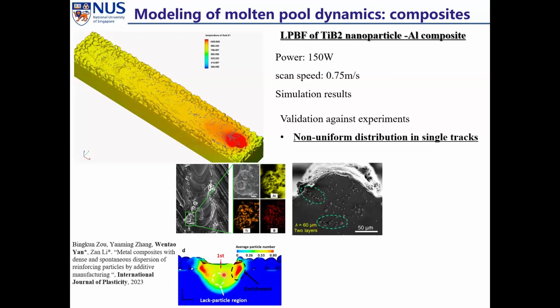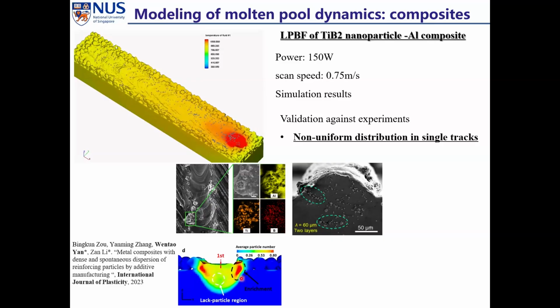When we run the simulation, we found generally at the middle bottom of the molten pool, there will be fewer nanoparticles. Near the two edges, there will be more nanoparticles. And this is because of the Marangoni flow and also the centrifugal force due to the vortex.